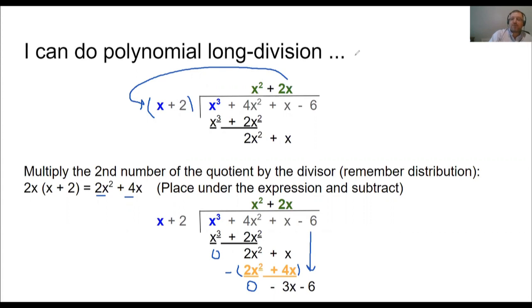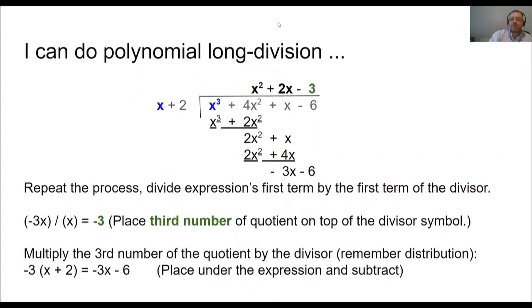See? We're drawing. Annotate. Next step. Go back to my drawing. Now I'm repeating the process again. Now I have this as my first term, divided by here. You see how this was my first term?